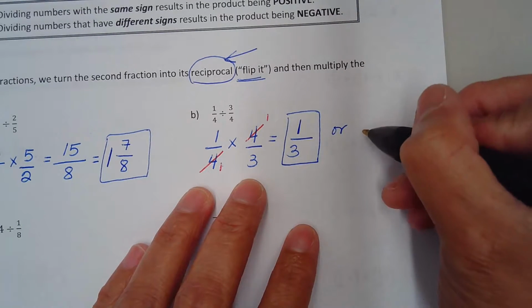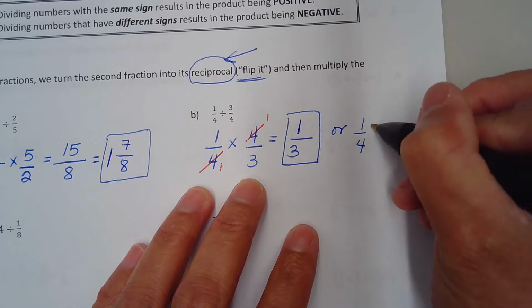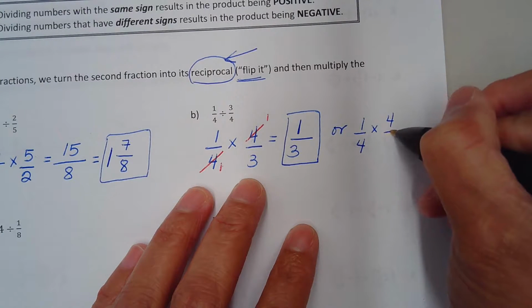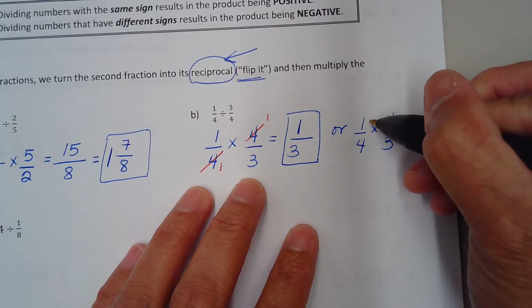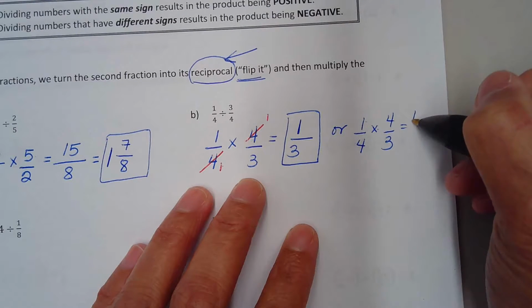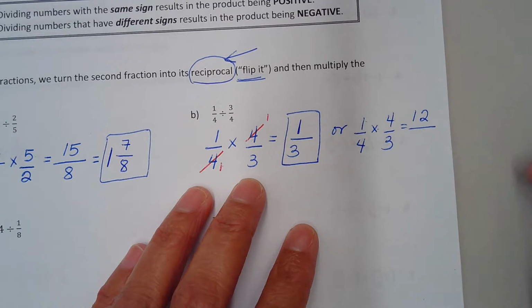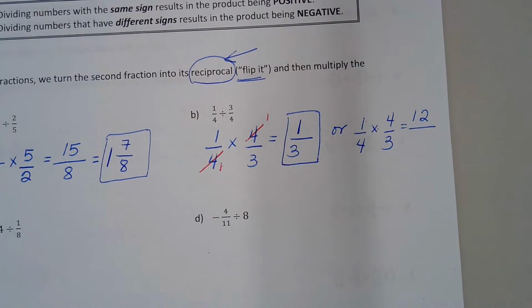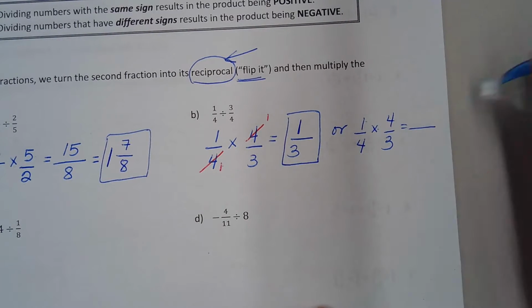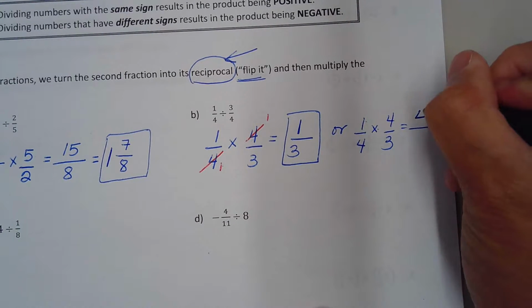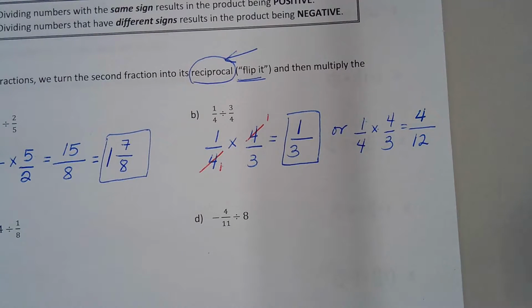Here, what we could do is 1/4 times 4/3. So that's going to give us 1 times 4 is 4. Oh, that's the denominator. 4 twelfths.